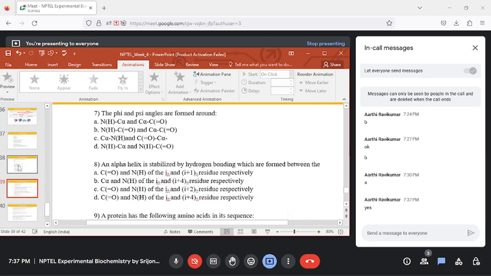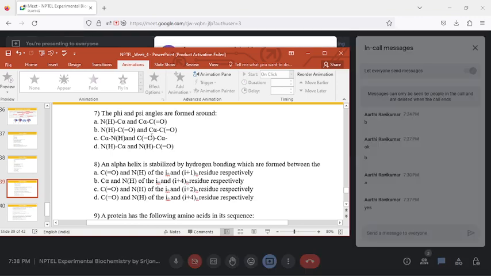So the phi and the psi angles are formed around what? What would be the right answer? The right answer would be A. That is between the nitrogen of your ith amino acid and the C alpha, and the C alpha of your ith amino acid and the carboxylic carbon of your ith amino acid.